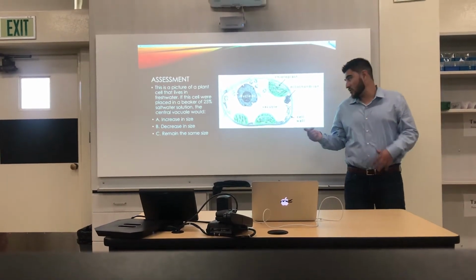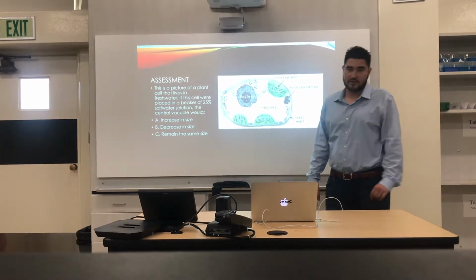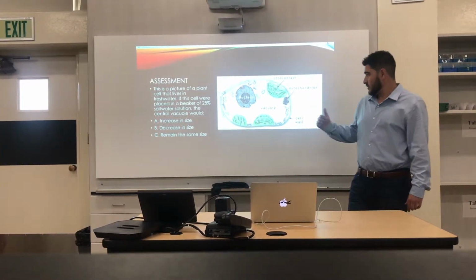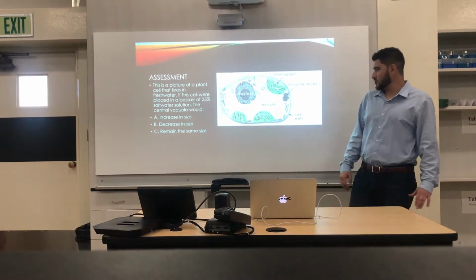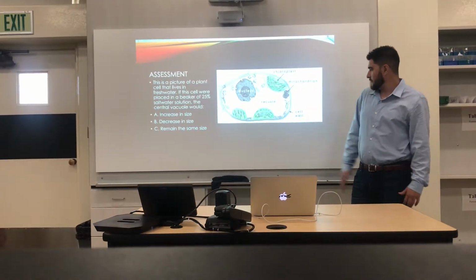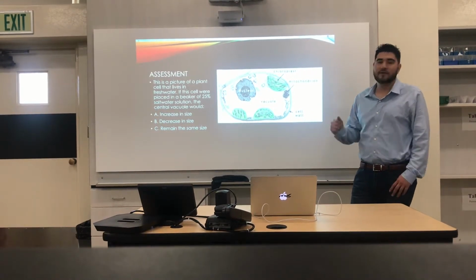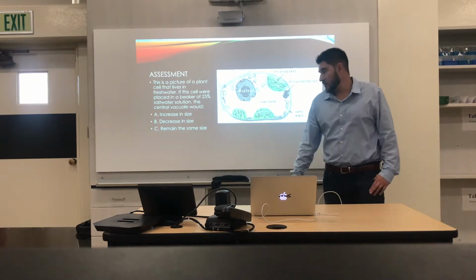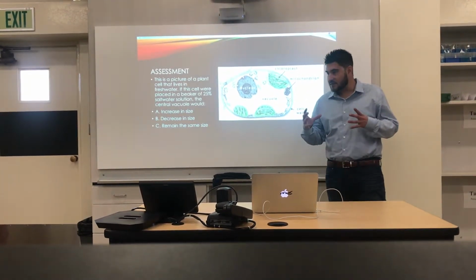I know plants have some salts inside of them, but nowhere near 25%, especially this plant that lives in fresh water, versus a plant that lives in the ocean in salt water. So this is a freshwater plant, and I put this cell in a beaker of 25% salt water. What do you think is going to happen? A, B, or C? A is going to increase in size.